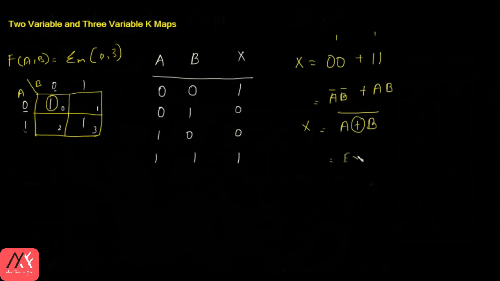If it is A XOR B whole bar, it is XNOR. So this is the truth table of an XNOR logic gate. If you ever see this in a GATE exam or any competitive exams, you can come to the conclusion that this kind of grouping deals with the XNOR operation. If you see this in a multiple choice question, you can conclude that it is XNOR.